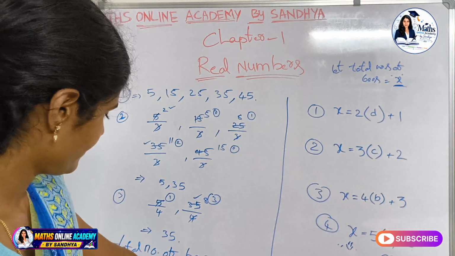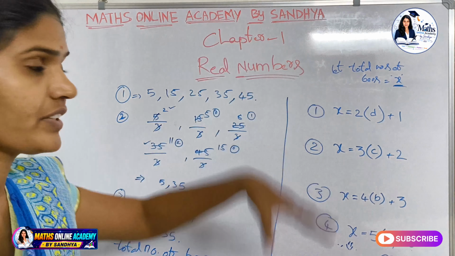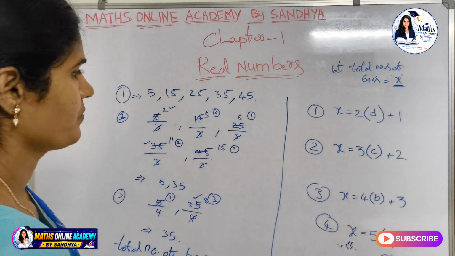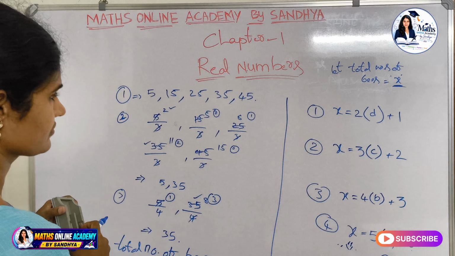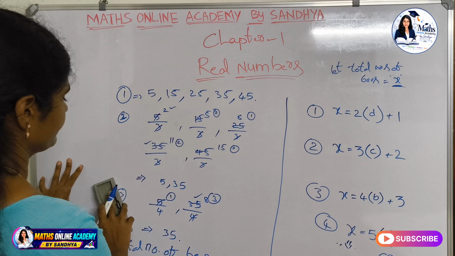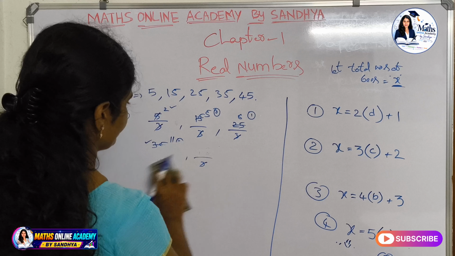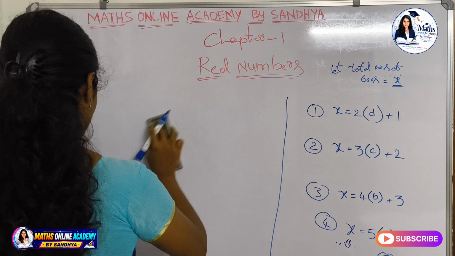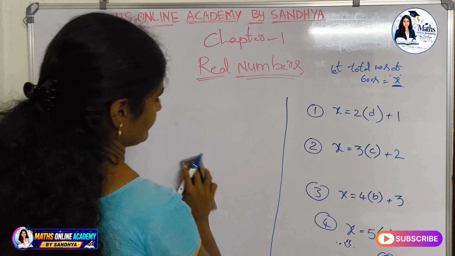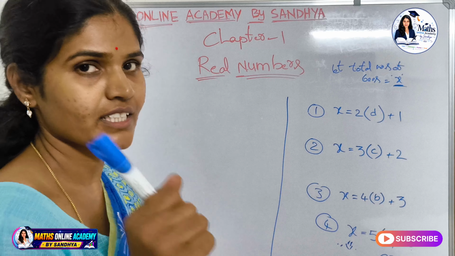So we get the final answer: 35. Let's verify all. The total number of bees is 35.